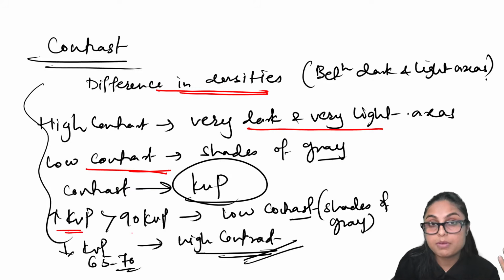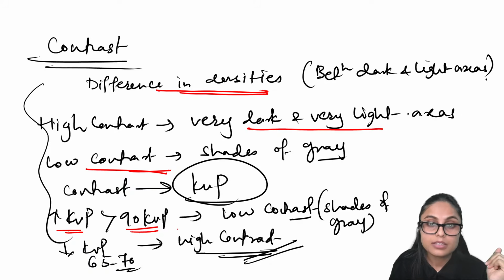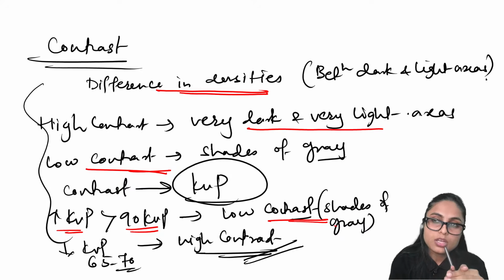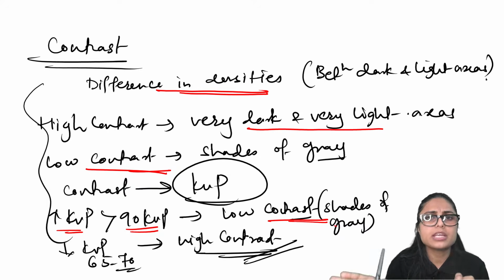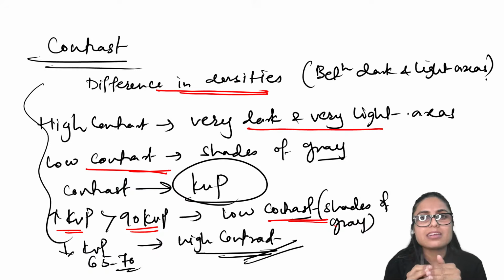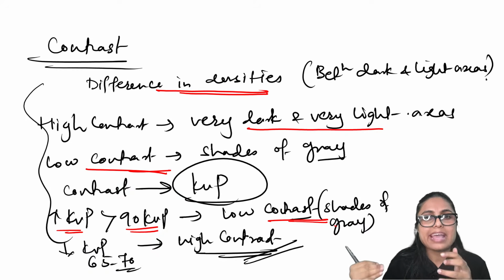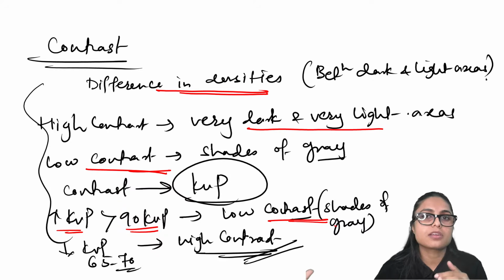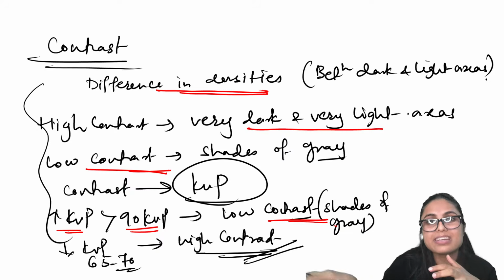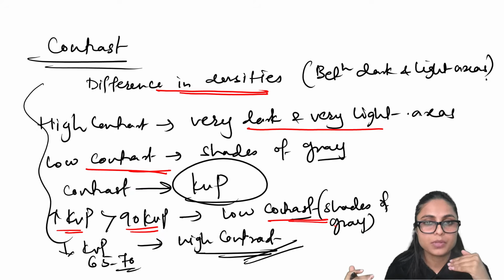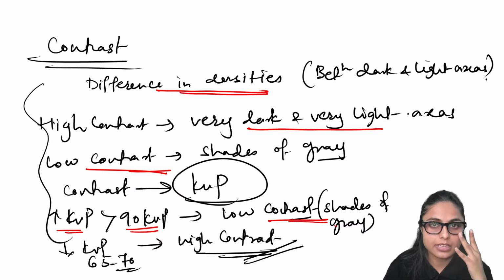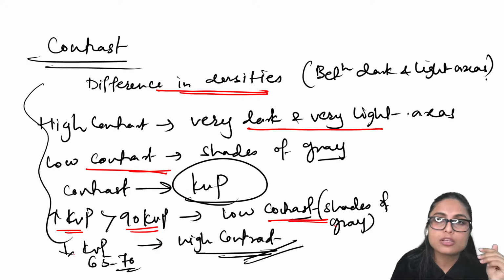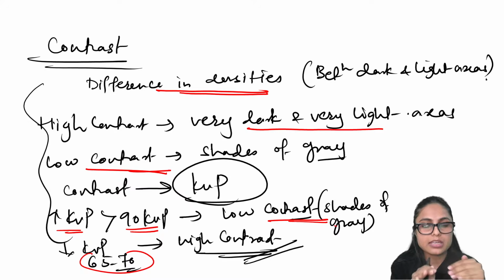When your kVp is more than 90, you get a low contrast image because the X-ray photons try to penetrate through every tissue, and the extra or scattered X-ray photons decrease contrast, because you get many shades of gray. When your kVp is low, between 65 and 70, you will get a high contrast image.